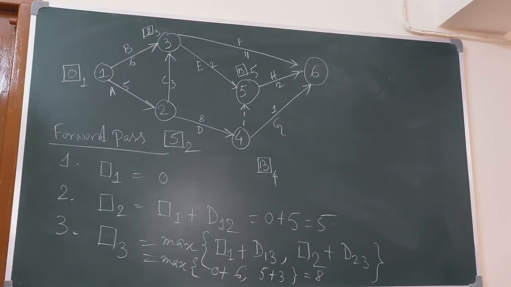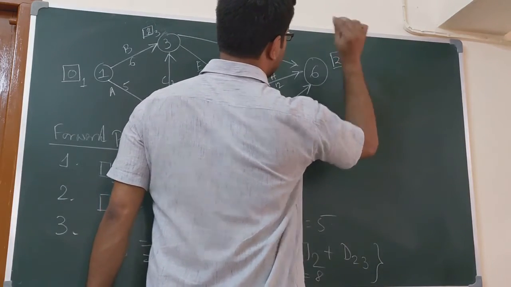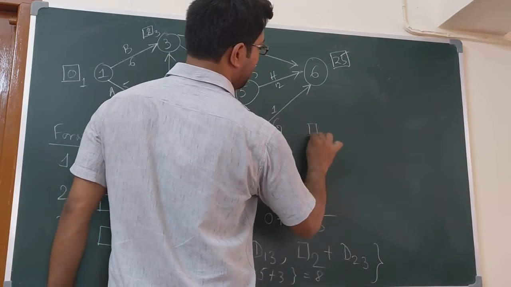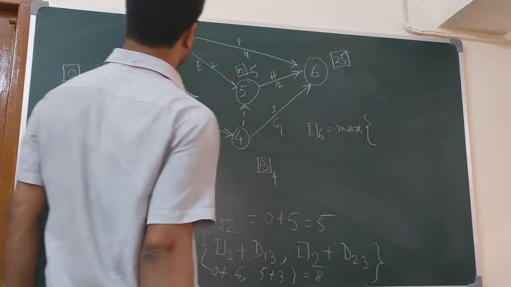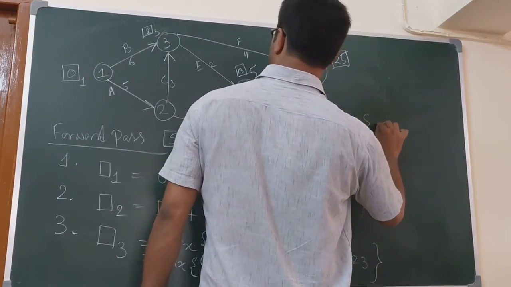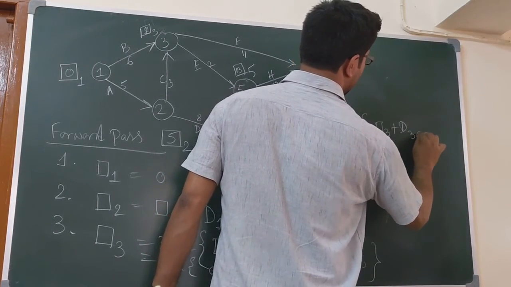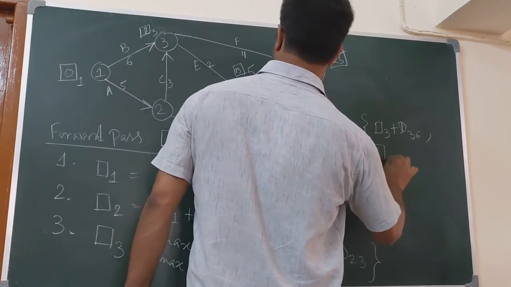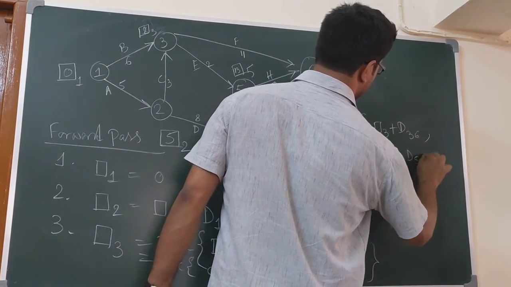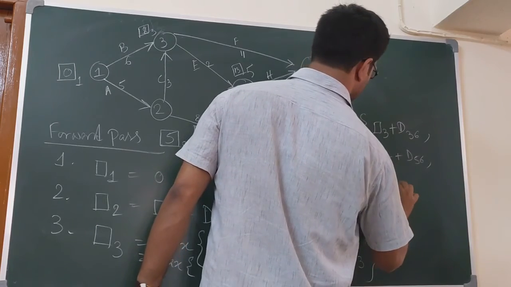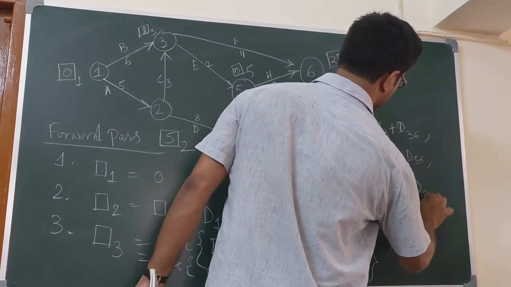Maximum is 25. So, box 6 is equal to max of box 3 plus D 3,6, comma, box 5 plus D 5,6 and box 4 plus D 4,6.